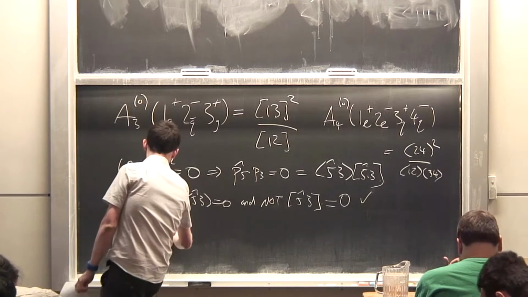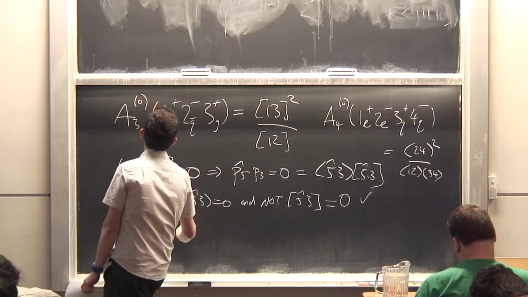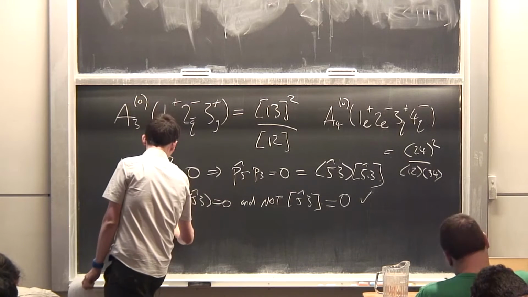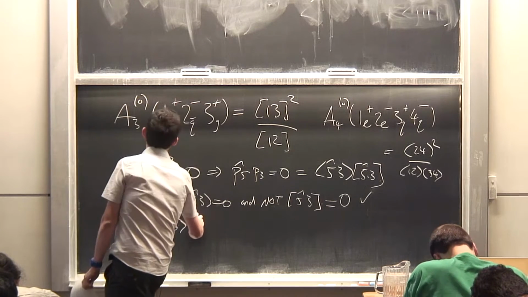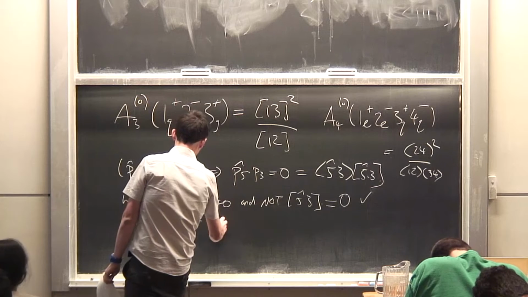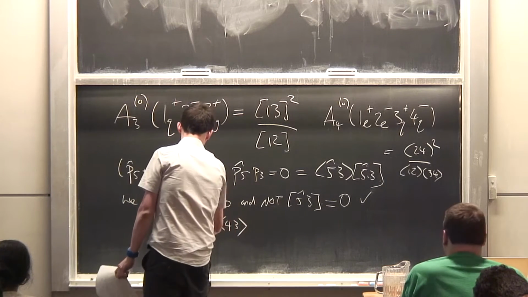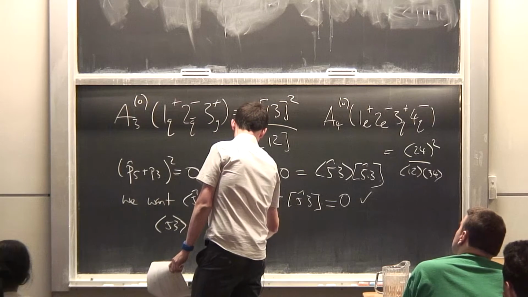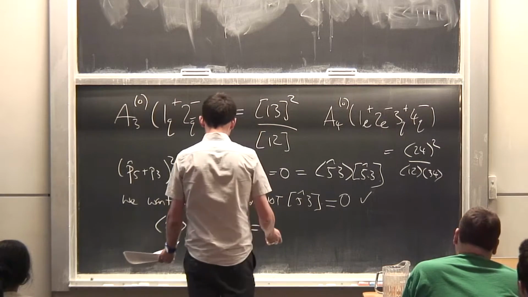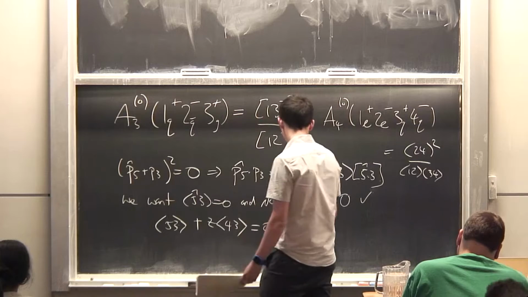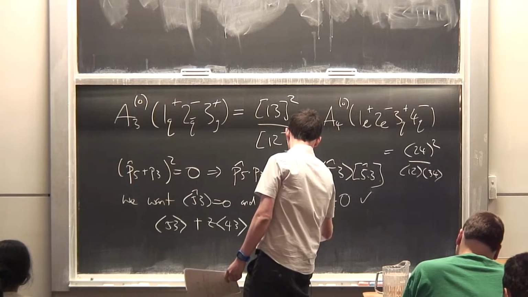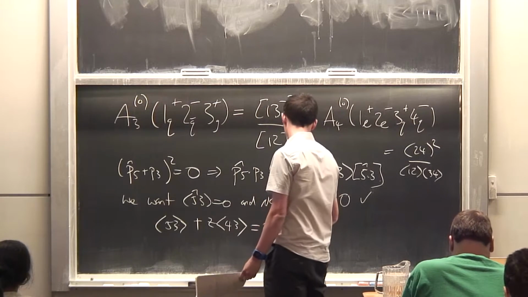And then I get that ⟨5 3⟩ minus z⟨4 3⟩ plus z⟨4 3⟩ is equal to 0. That's okay. That makes me happy, and I get that ⟨5 3⟩ is not equal to 0.